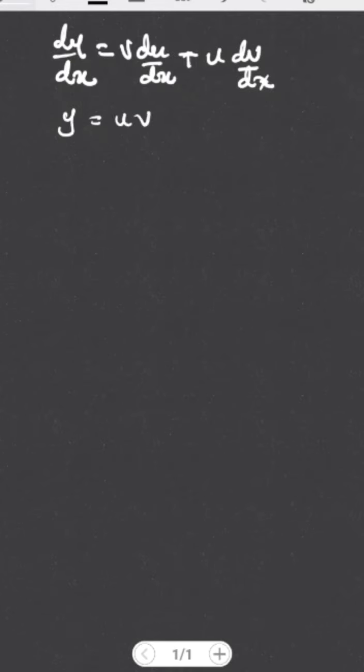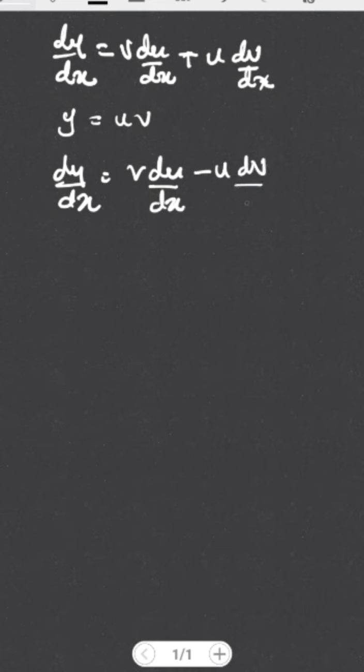So after that, for integration by parts, we can get a formula from here. If I have my dy/dx equal to v du/dx minus u dv/dx.